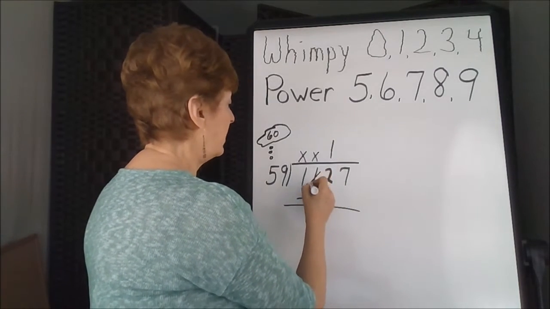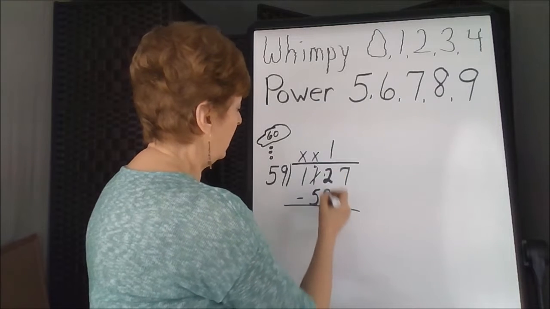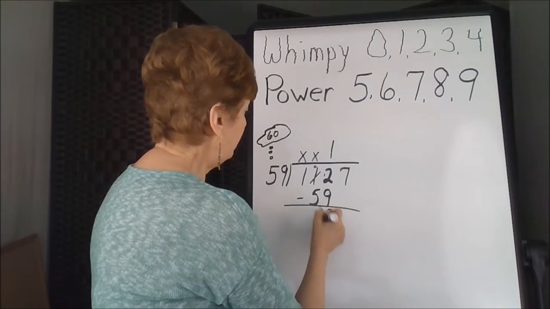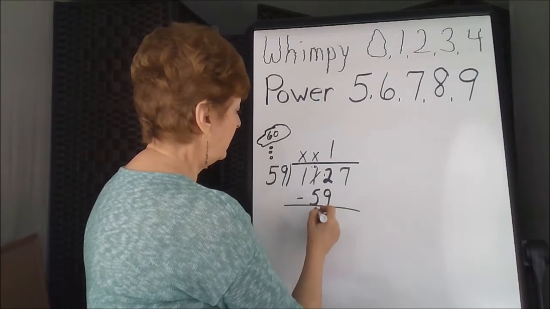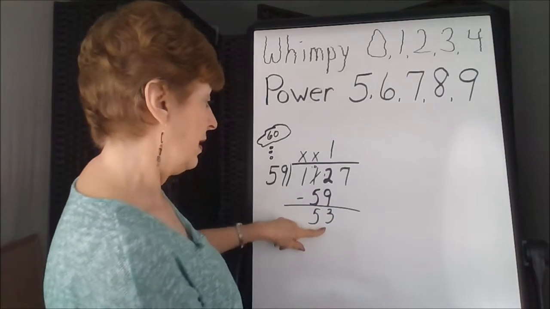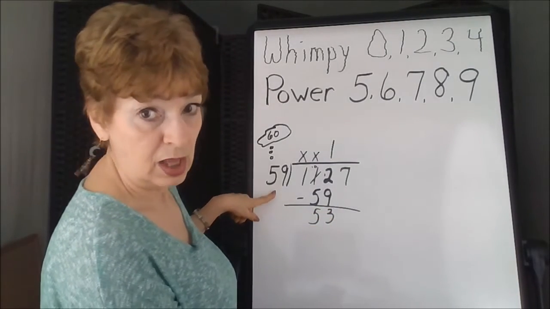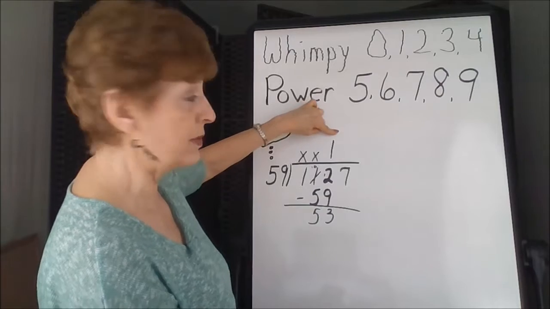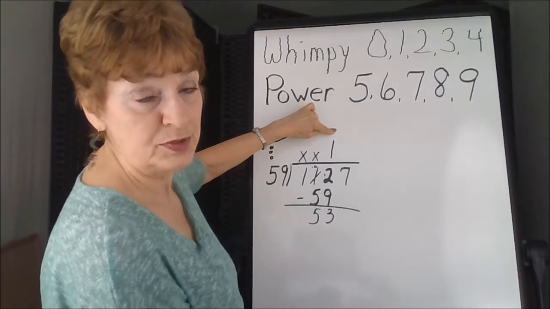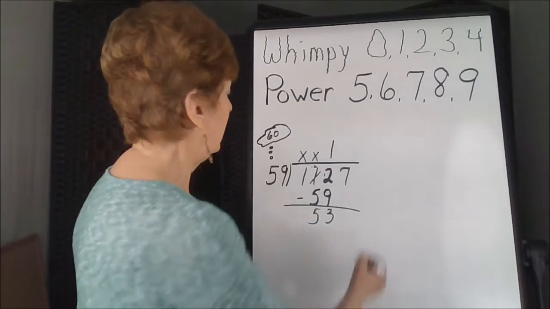Okay, here's a borrowing. We're going to get a 3 here, and this is a 10, and it's 5. 53 is lower than 59, so this was a correct and good choice for an answer.